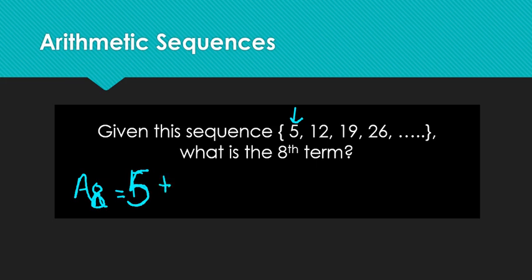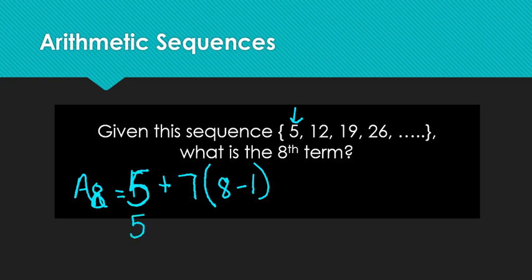What am I adding each time, right? 5 plus what gives me 12? 12 plus what gives me 19? Adding 7 each time. And then I multiply by our term, which is 8 minus 1.